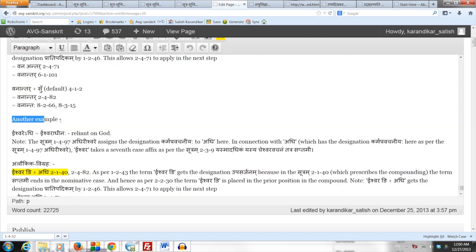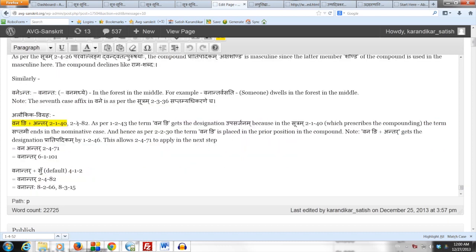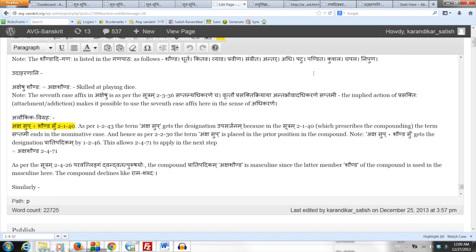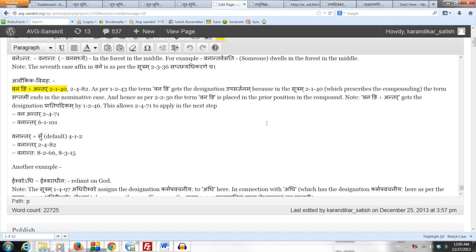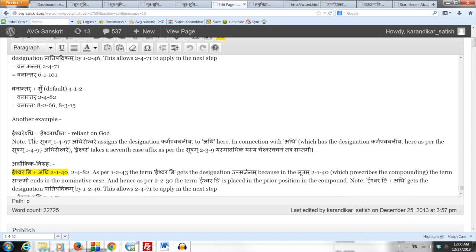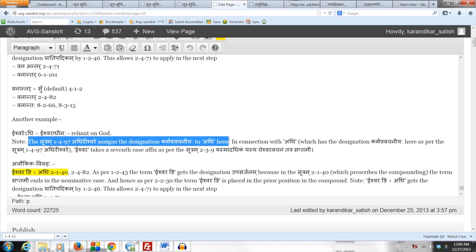Let's take one more example here. The example is Ishvaredhi equals Ishvaradhinaha, reliant or dependent on God. Adhi is also listed in the Shaundadi Ganaha. The note here says that the Sutram 1497 Adhirishvare assigns the designation karma pravachaniyaha to adhi here.